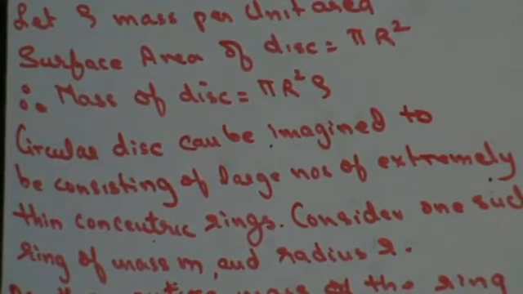Basic formula of moment of inertia, I is m r square.